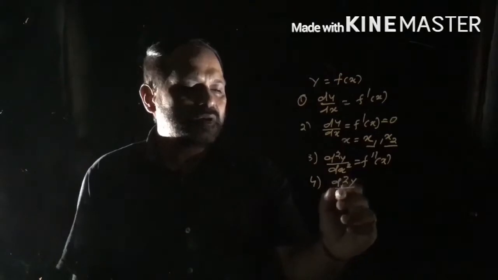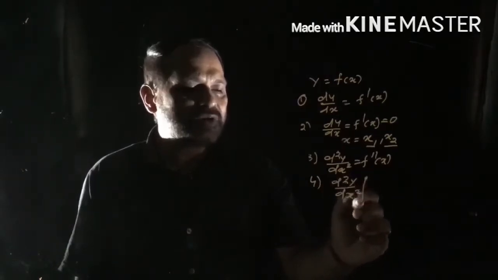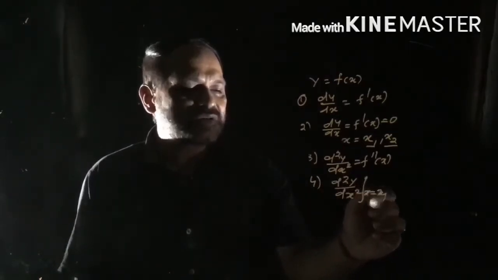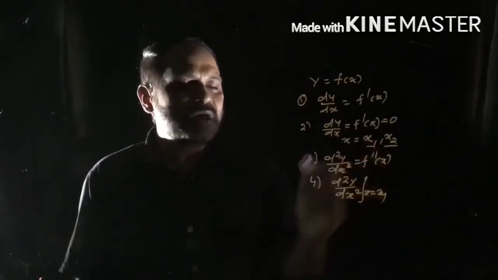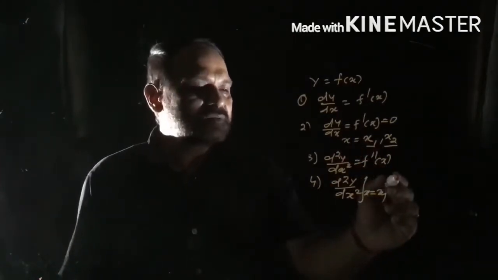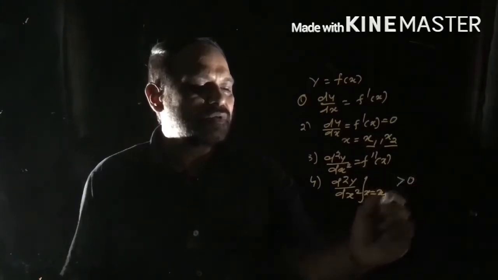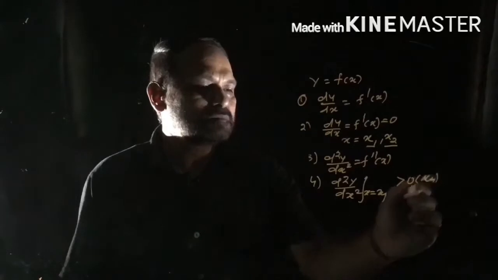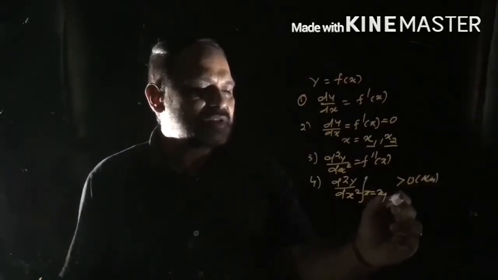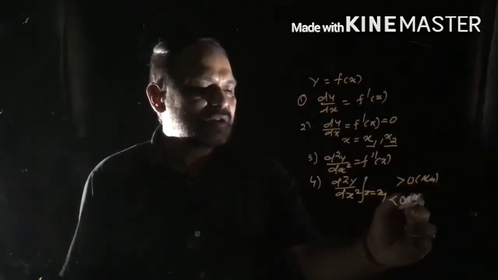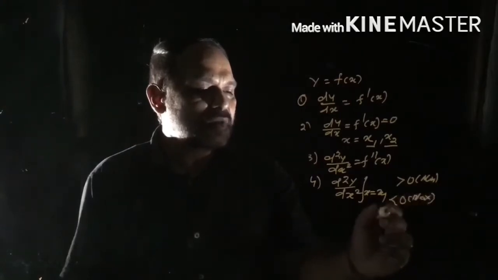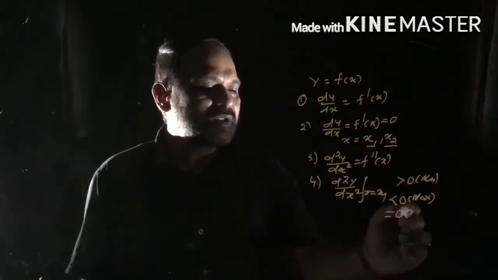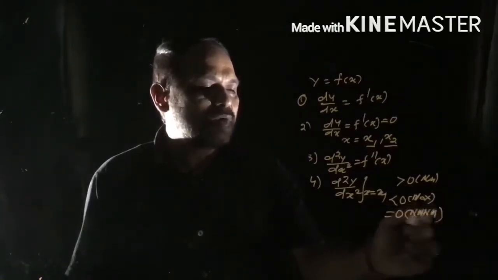If d²y/dx² at x equal to x1, the first extremum point, is greater than 0, then the function is minimum. If this value is less than 0, the function is maximum. If it is equal to 0, then the function is neither maximum nor minimum at that extremum point.